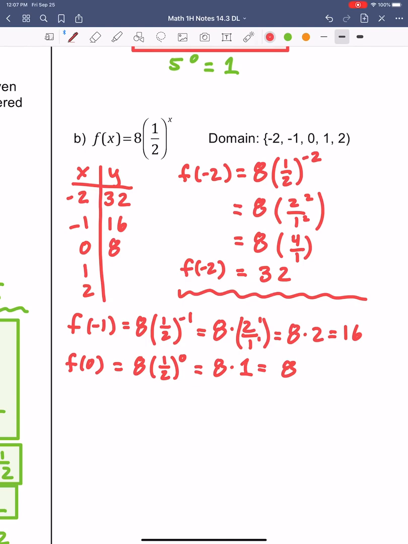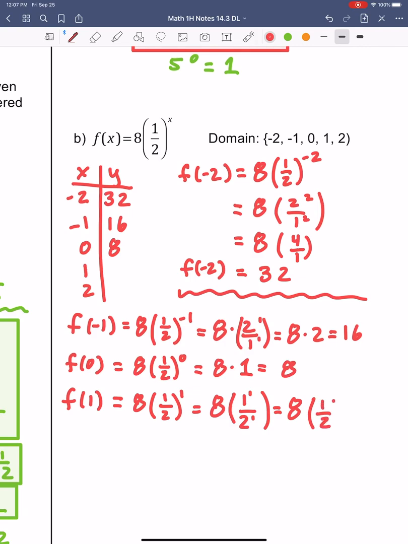We'll keep going here. Now we'll find f of 1. So that's going to be 8 times 1/2 to the first power. So that's just the same thing as 8 times 1 to the first over 2 to the first, almost like we're distributing that exponent there. And so then that just becomes 8 times 1/2, which becomes 4.